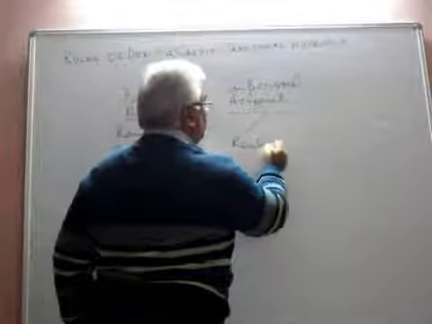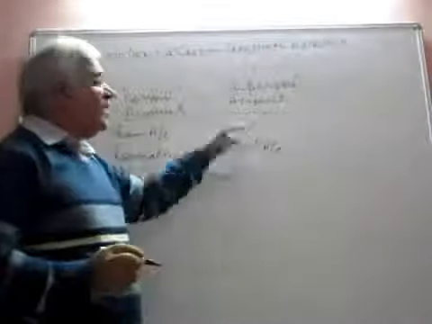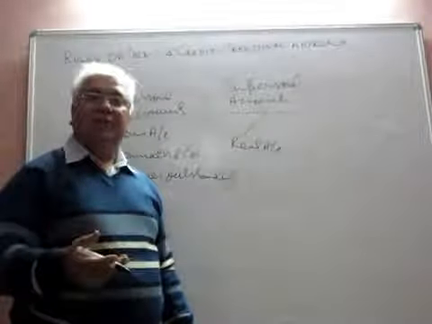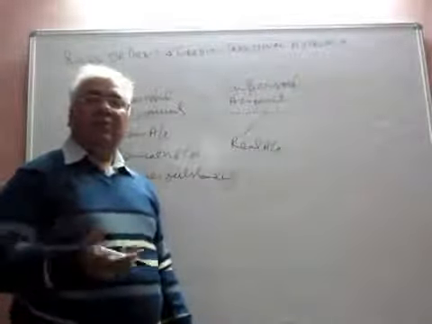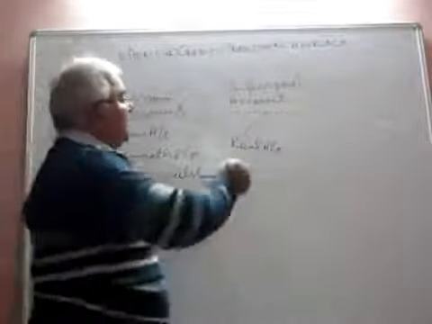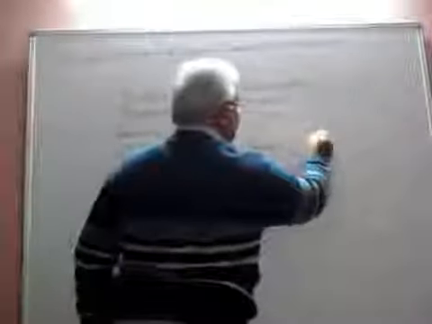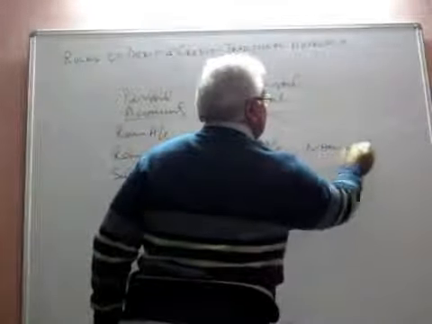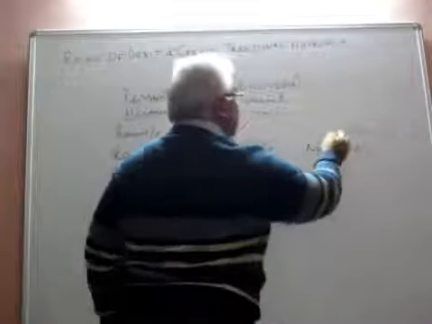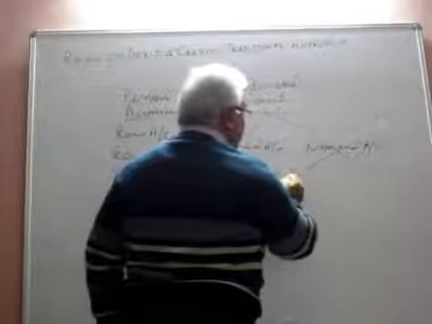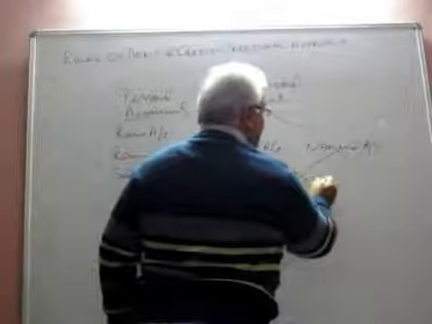Real accounts. Real accounts means accounts of assets like building, machinery, cash, all the assets we own. They are called real accounts. And the other category of impersonal account is nominal account. These accounts represent all our expenses and losses.